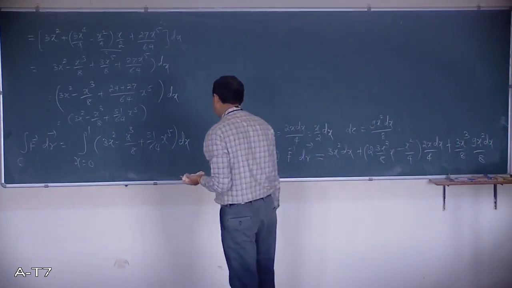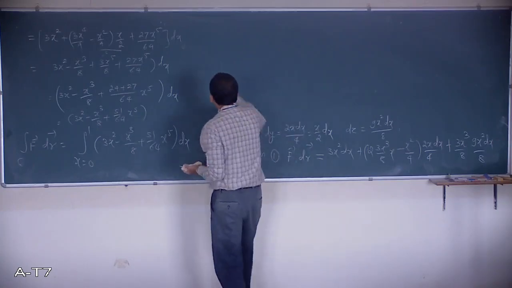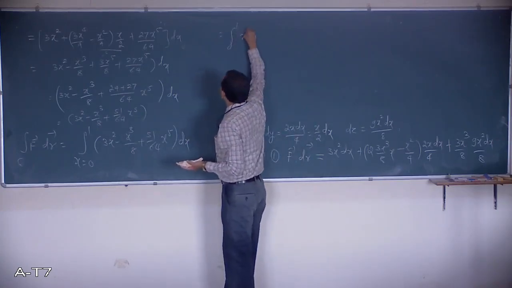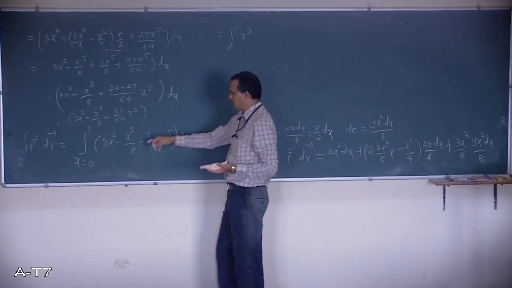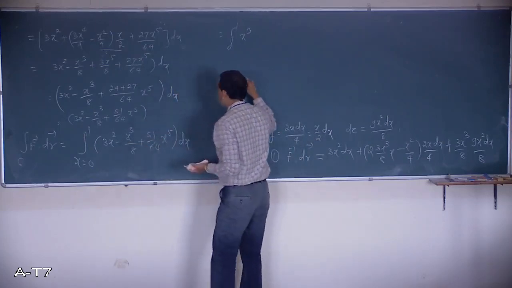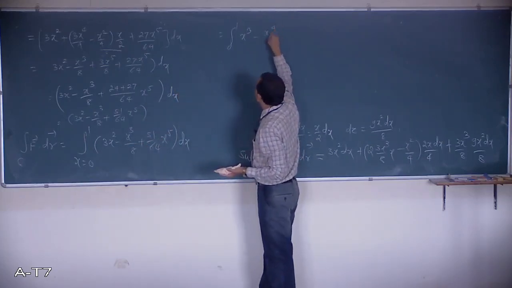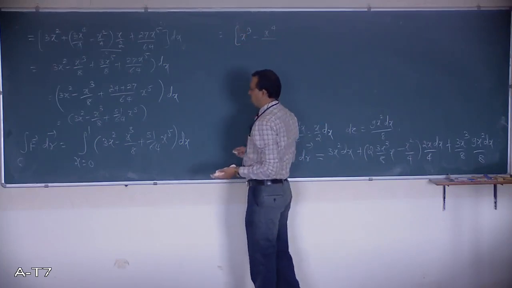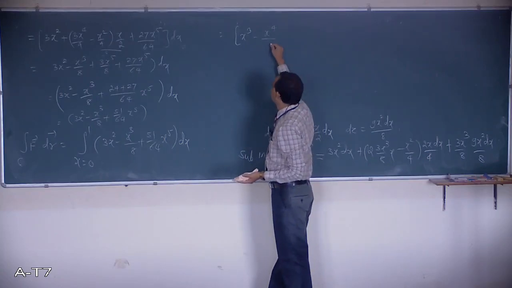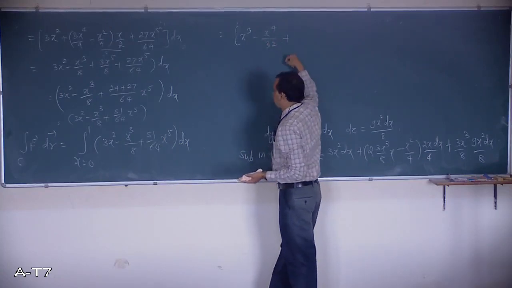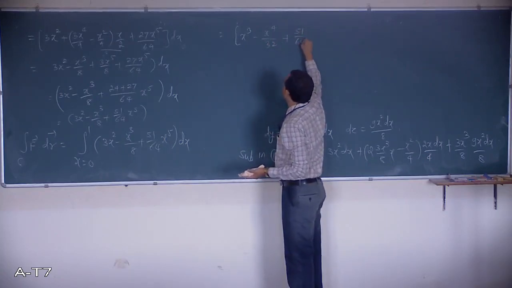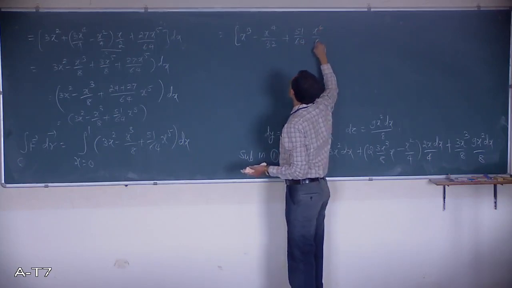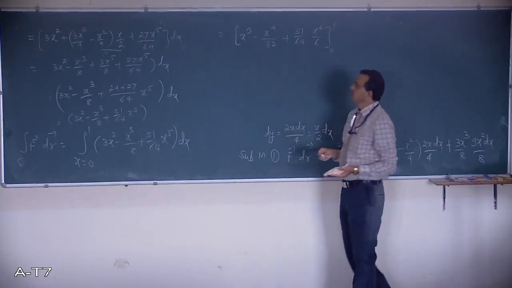You have to integrate. x³ will come because x³/3 will be the integral. Then x⁴/32, plus 51/64 times x⁶/6, between the limits.